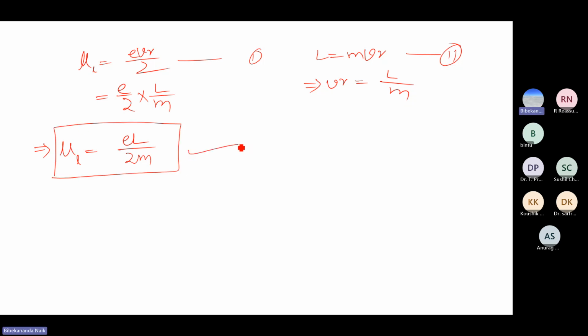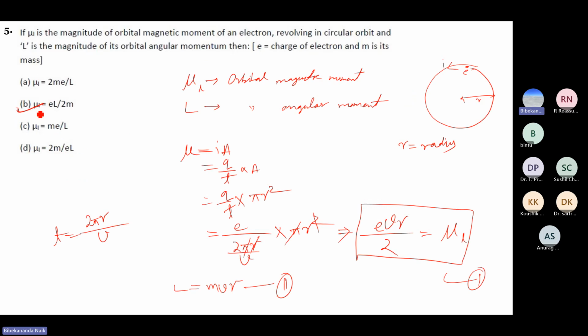So the correct option will be option B, EL divided by 2M. I hope this is clear to all of you. Then we will proceed towards the next question.